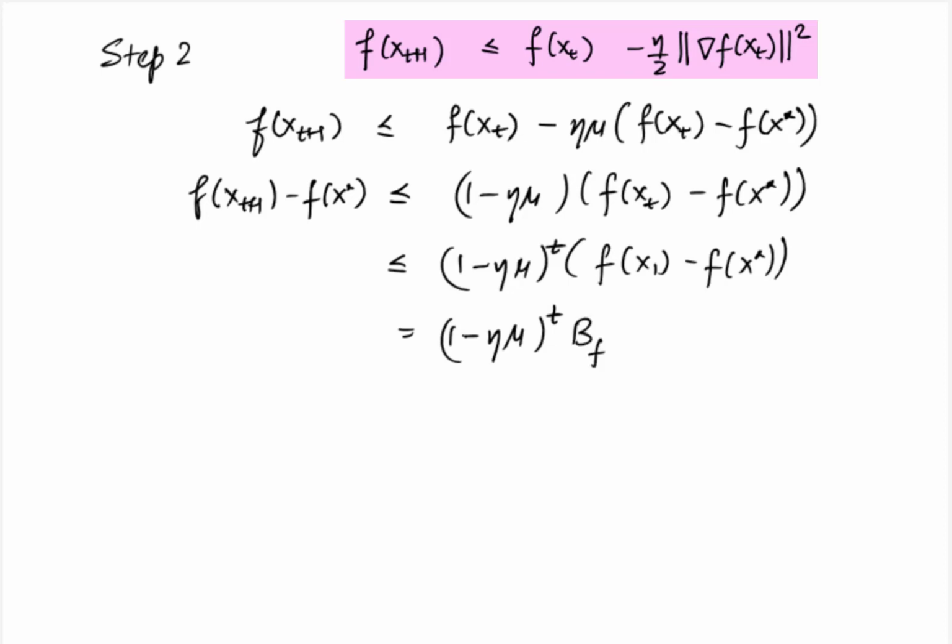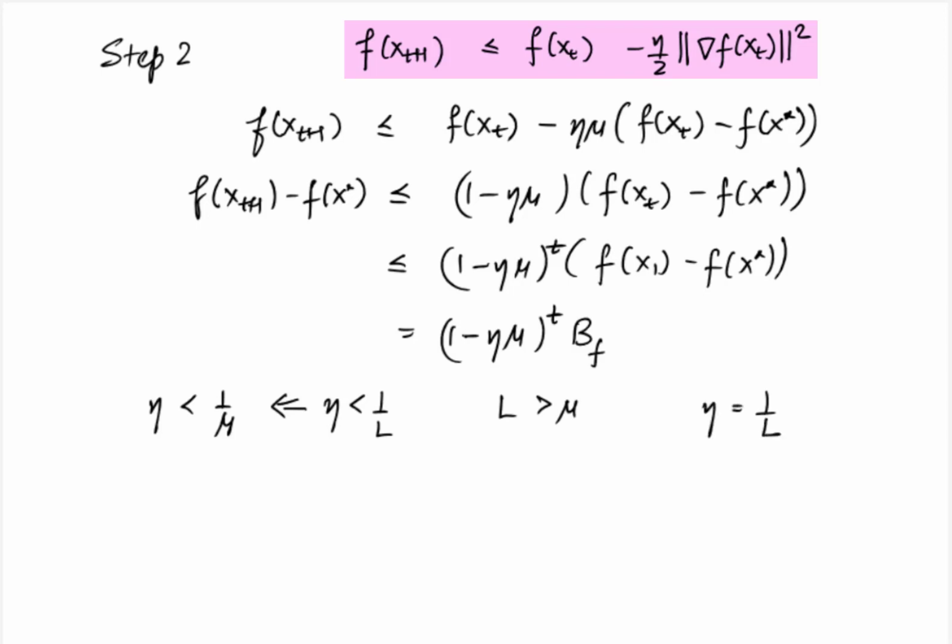Now this result would be meaningful only if eta is less than 1 by mu, but we have already assumed that eta is less than 1 by L, and because L is greater than mu, 1 by L is less than 1 by mu, so automatically eta would be less than 1 by mu. In fact, this bound requires us to choose eta to be as large as possible, so we will choose eta equal to 1 by L.